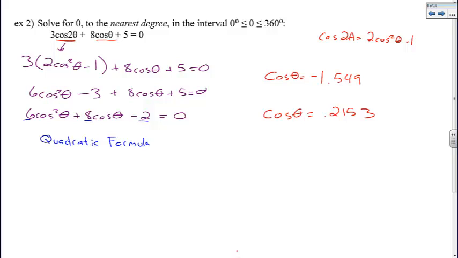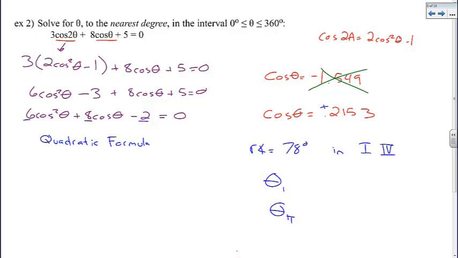Remember that sine and cosine only have a range between negative 1 and positive 1, so I can reject my first value for cosine of theta and proceed to solve for the values of theta that will come out of cosine theta equal to positive 0.2153.